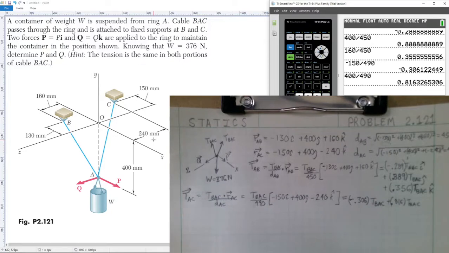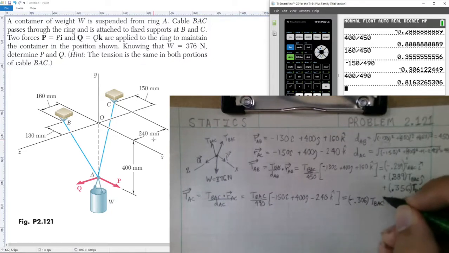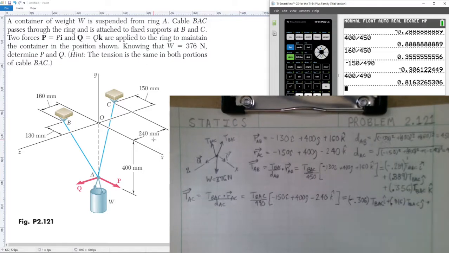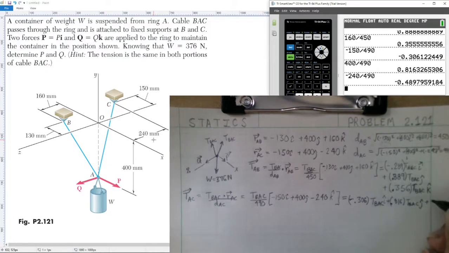Don't forget our unit vector components: this is i hat, then j hat, and then plus negative 240 divided by 490, so negative 0.490 rounded up, times tension BAC in the k hat direction.